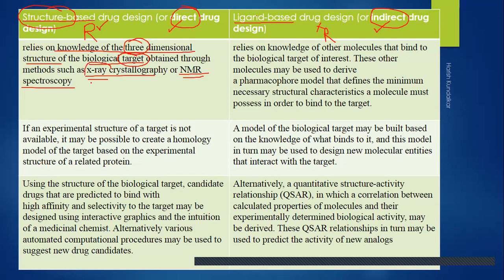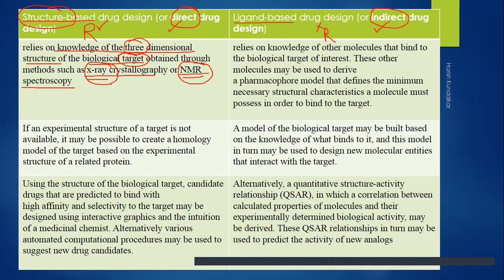But this particular method is often combined with NMR solution spectroscopy. NMR spectroscopy exists in two forms: one is solid state and the other is solution state NMR, of which solution state NMR is used to find out the 3D structures of the proteins.